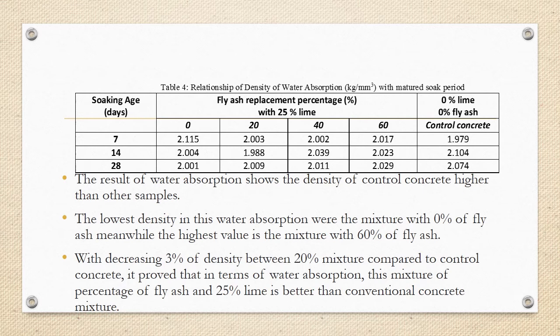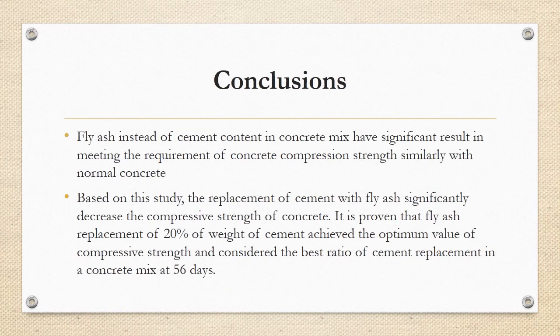Meanwhile, the highest value is the mixture with 60% of fly ash. With a 3% decrease of density between the 20% mixture compared to control concrete, it proved that in terms of water absorption, the mixture of a percentage of fly ash and 25% lime is better than conventional concrete mixture.